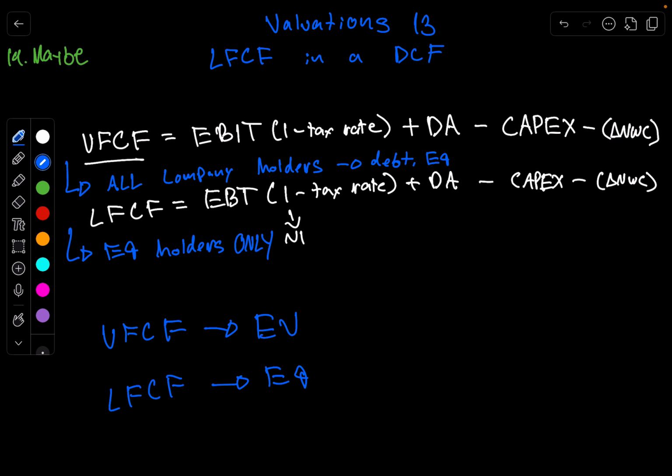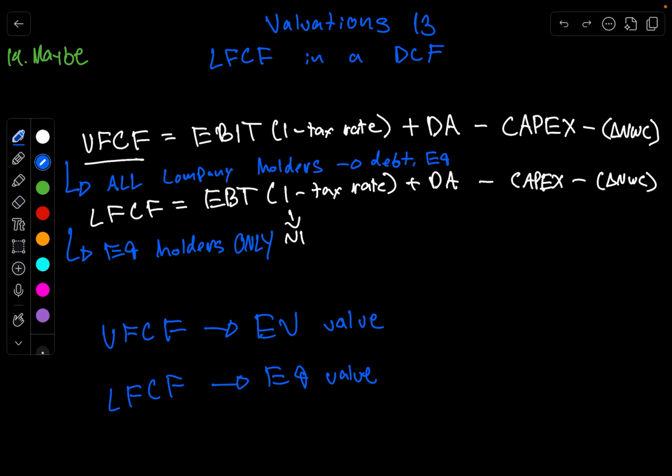So that's not going to give us a value that is relevant to those debt holders. So if we run a DCF with levered free cash flow, this will give us our equity value, right? And if we run a DCF for our unlevered free cash flow, then it will give us a valuation that is our enterprise value, right?